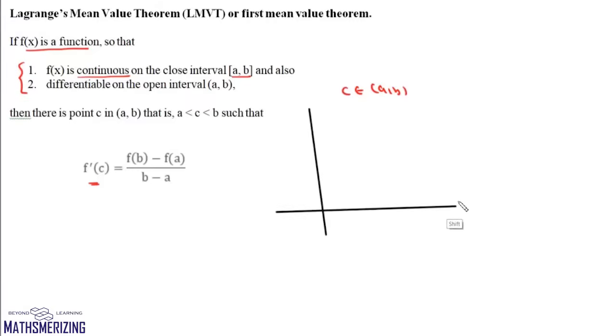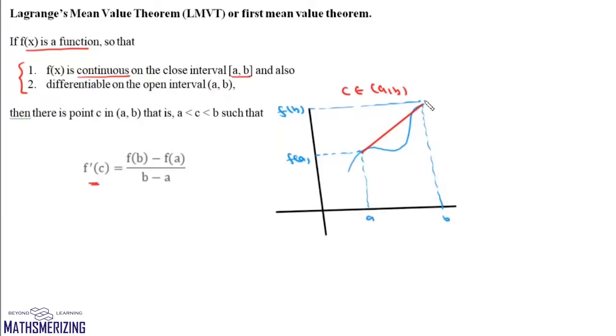Now simply, geometrical interpretation means, suppose we have this function between a and b. Suppose this is your point a and this is your point b. This is f(a) and this is your f(b). Now when we say (f(b) minus f(a)) upon (b minus a), it is nothing but y2 minus y1 upon x2 minus x1, which is the slope of this line.